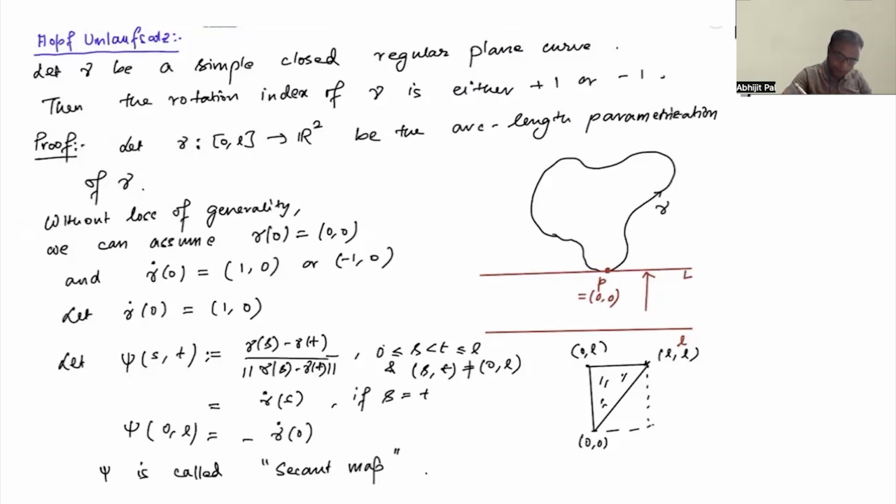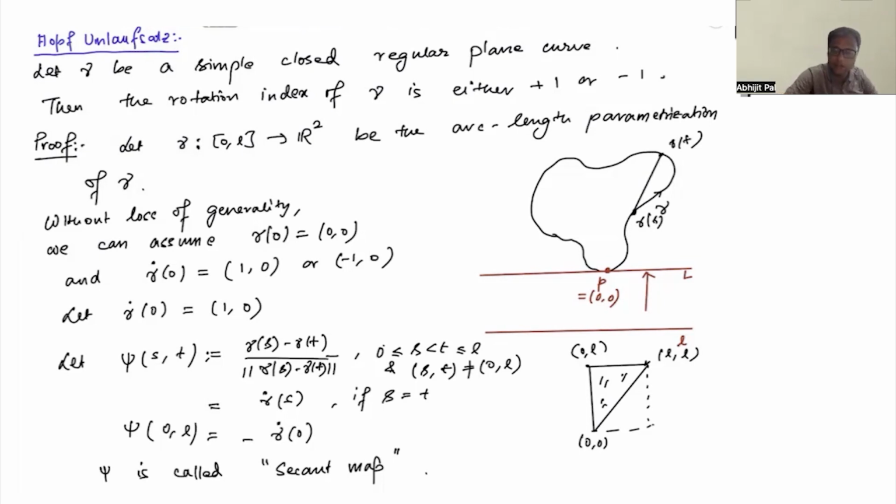Okay, so what I'm doing here, suppose this is my gamma s, and this is my gamma t. You join gamma s and gamma t by a straight line.